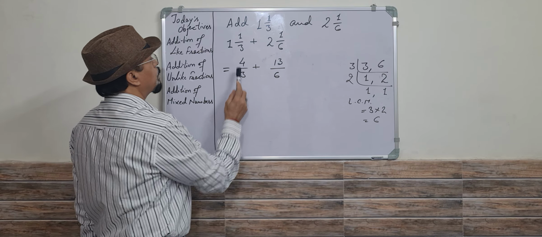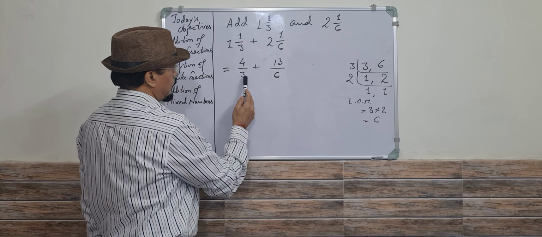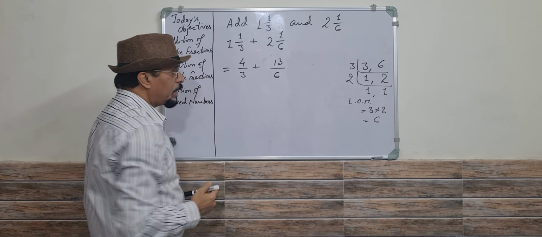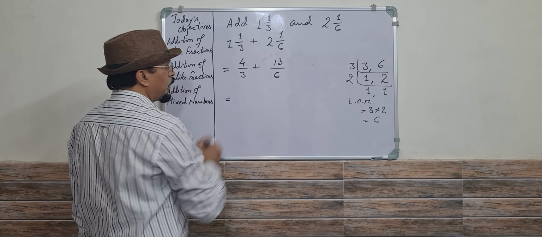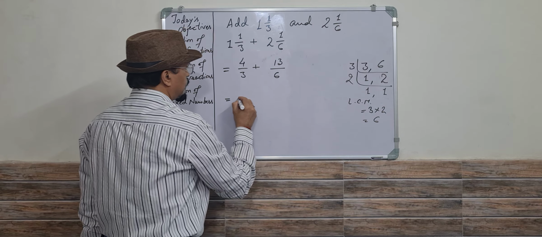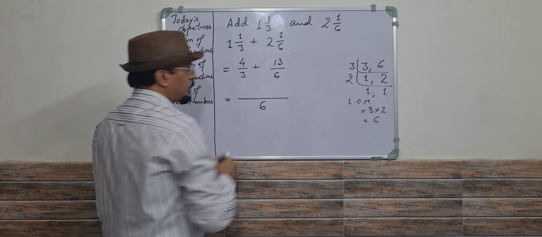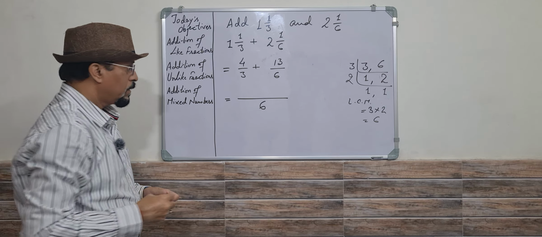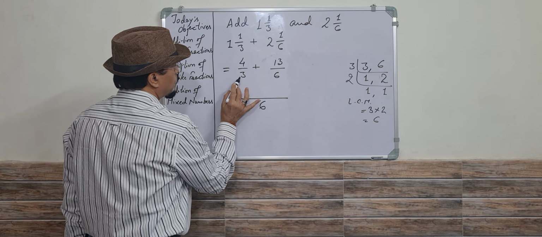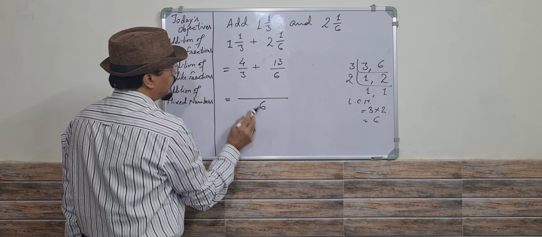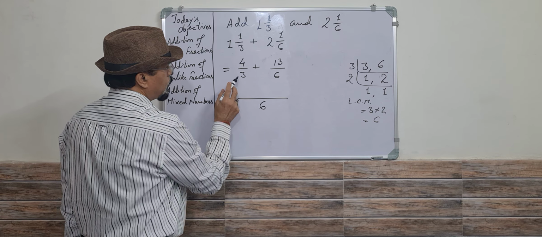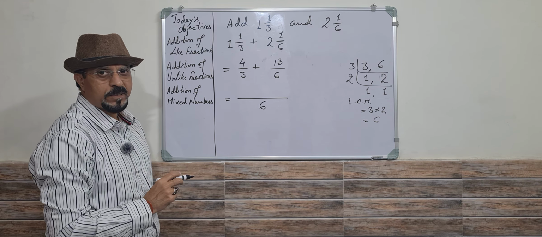Otherwise, you'll have to multiply this with this, this with 2, like that. Another way of doing the same thing: whatever the LCM is, just write the LCM like this. Now, you divide this LCM by this denominator. 3 2s are 6.